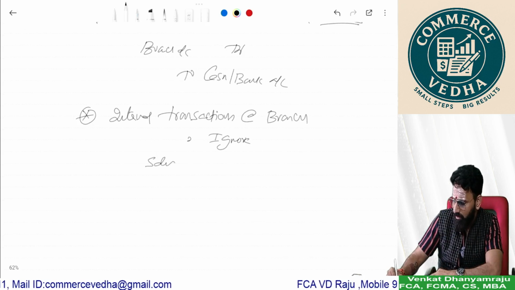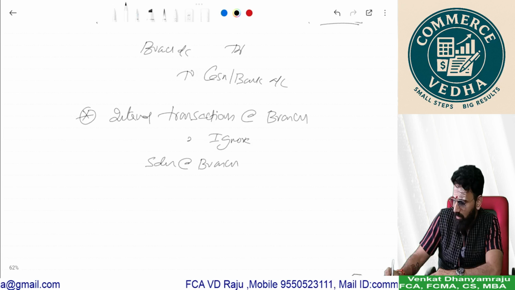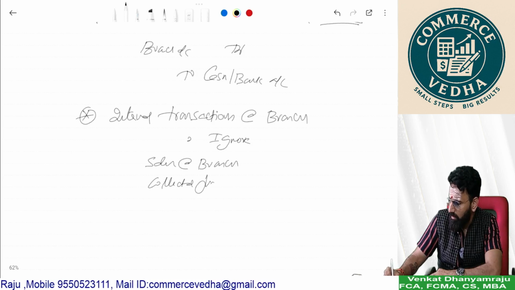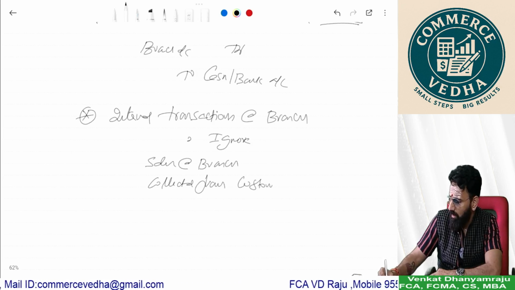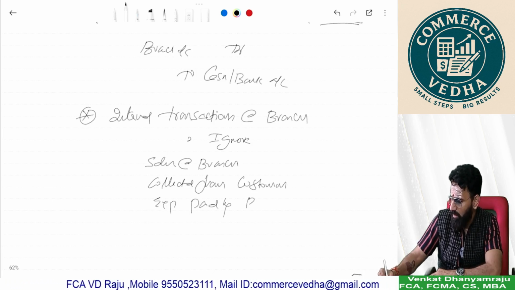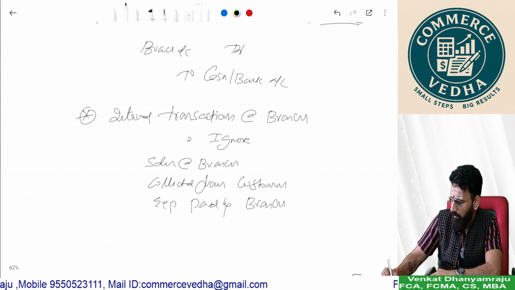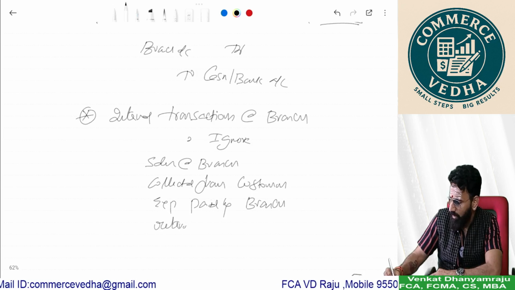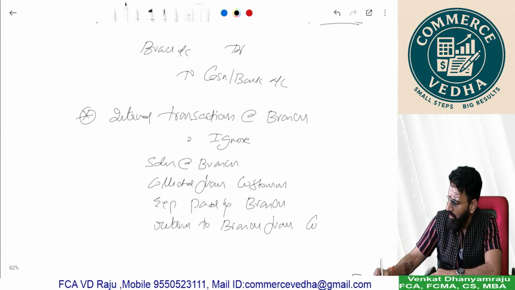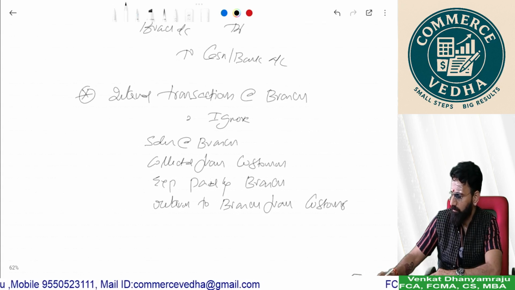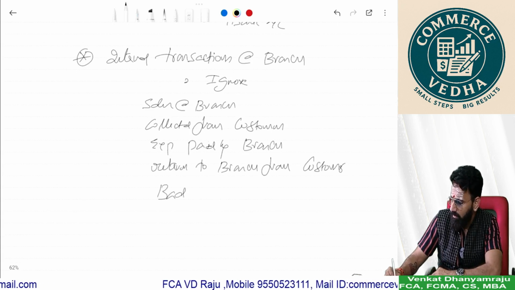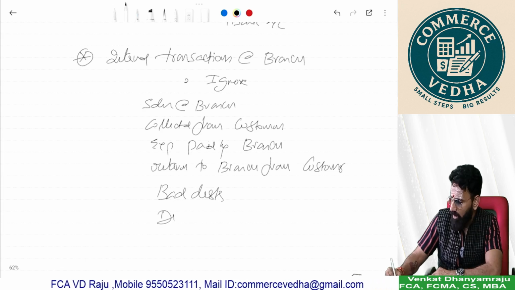Sales at branch, collected from customers, expense paid by branch, returns to branch from customer, bad debts, discounts.